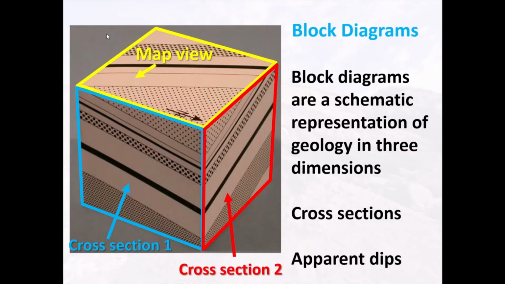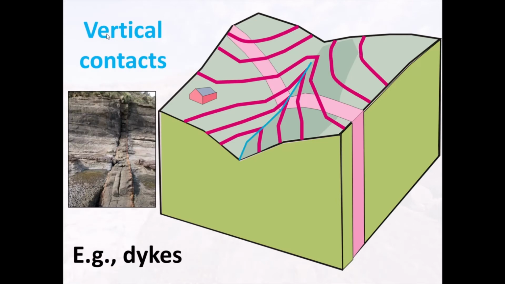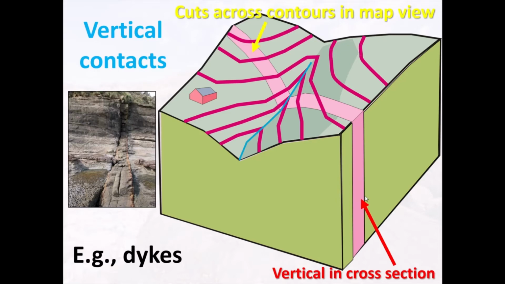So let's take our dike from the previous photograph and put it on one of these block diagrams. This pink polygon is representing our dike. You can see that it's vertical in cross section just like it is in the photograph. And when we look at that dike's relationship to ground contours, we can see that it cuts straight through them.